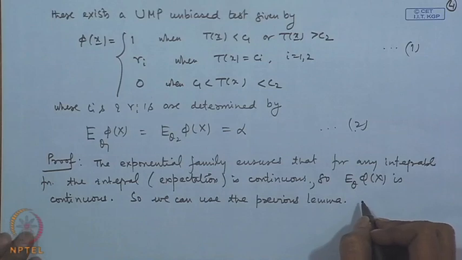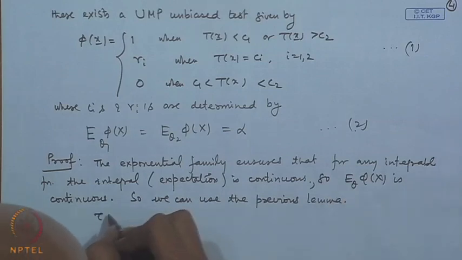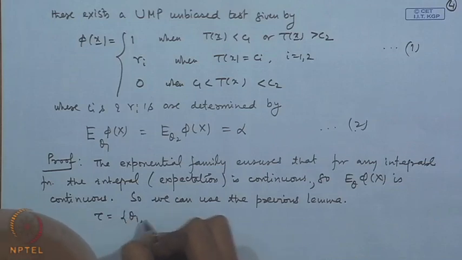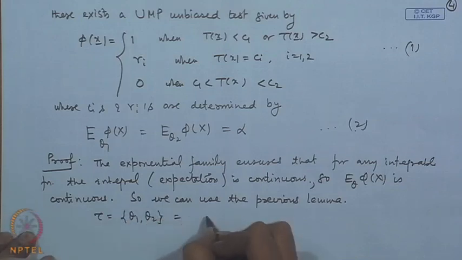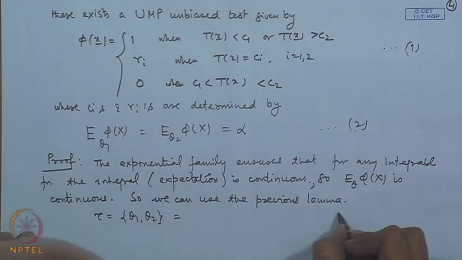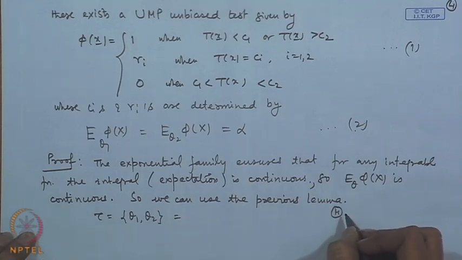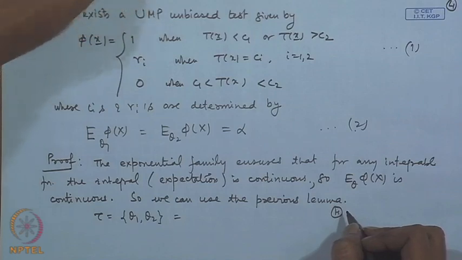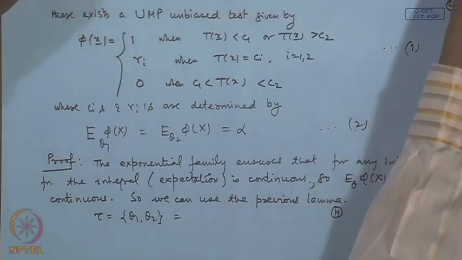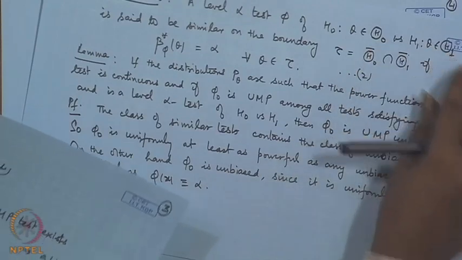So, according to the previous lemma, let us consider the boundary. What was the boundary? The boundary consisted of theta 1 and theta 2. Actually, the notation that I have used here is theta naught and theta 1 for the null and alternative hypothesis sets.